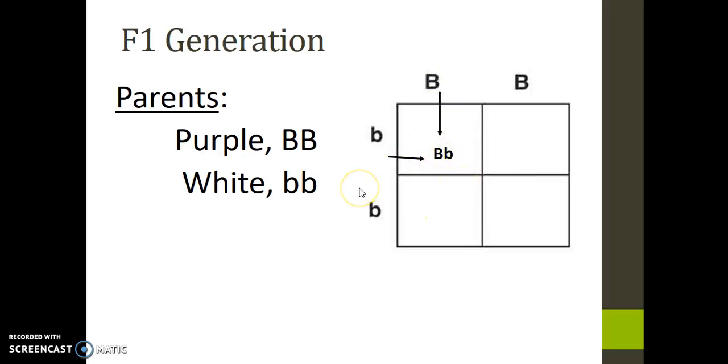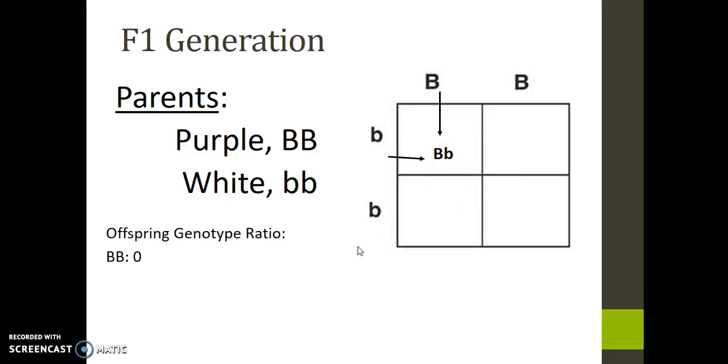Okay, so back to the Punnett square. This is the genotype we end up with in this box. Since there's a big B all across the top, a little b all across the side, every single offspring here would have this genotype.